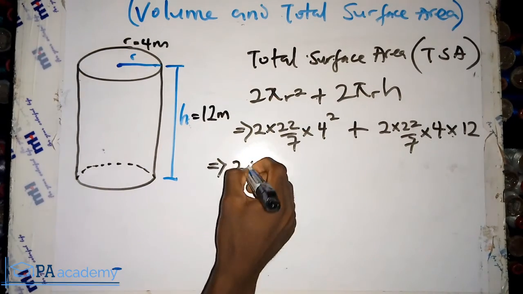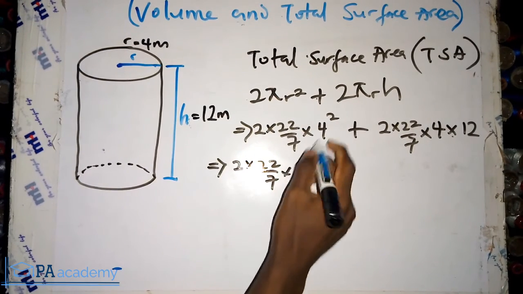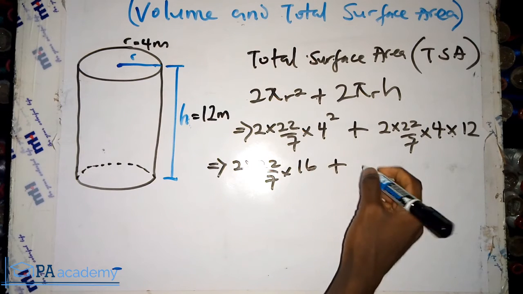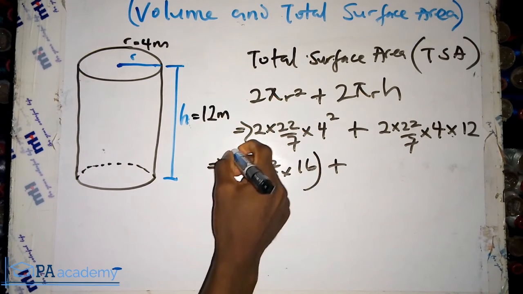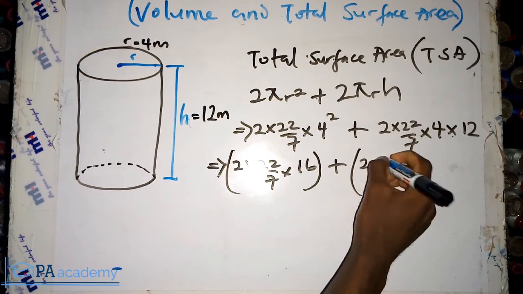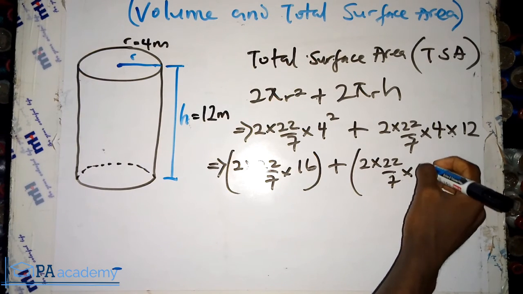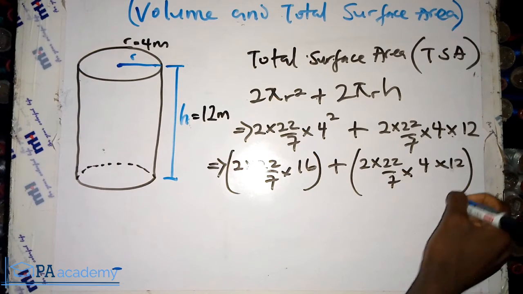So that will be 2 times 22/7 times 4 square, that's 16. Then plus, let me put this in brackets, 2 times 22/7 times 4 times 12.